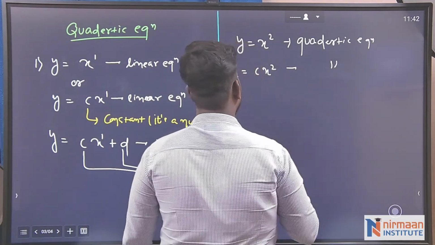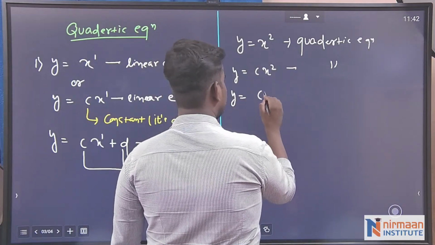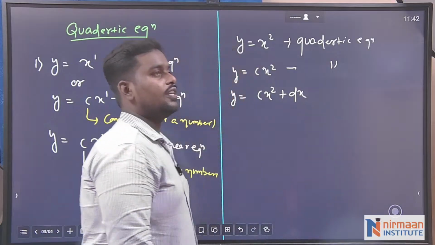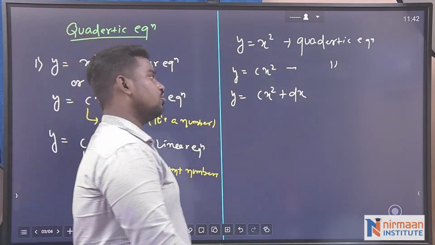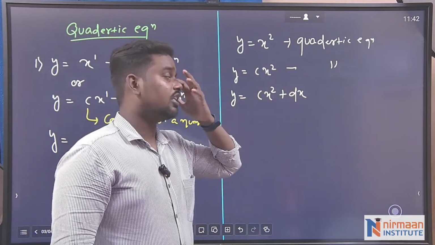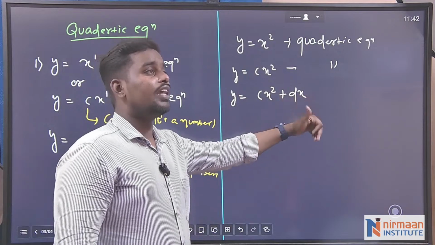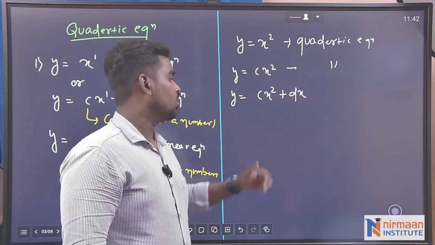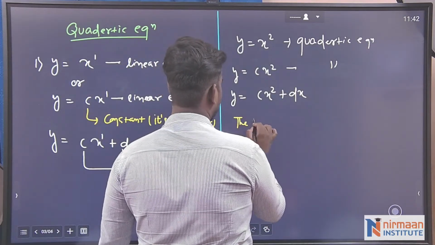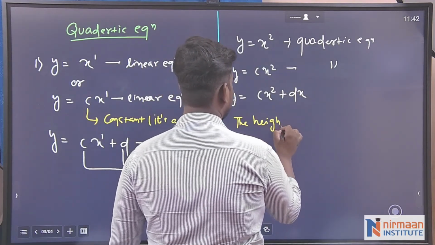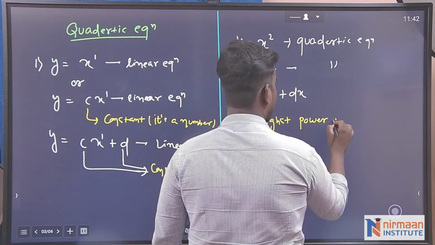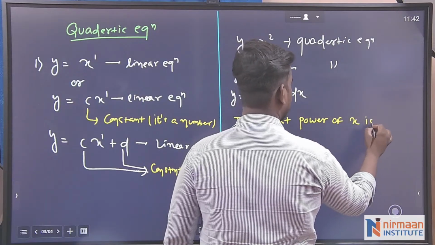If y equal to cx square plus dx, where c and d are constants, see, who is changing? y depends on x. We know that y is a function of x. So what is the highest power of x? The highest power of x is 2.